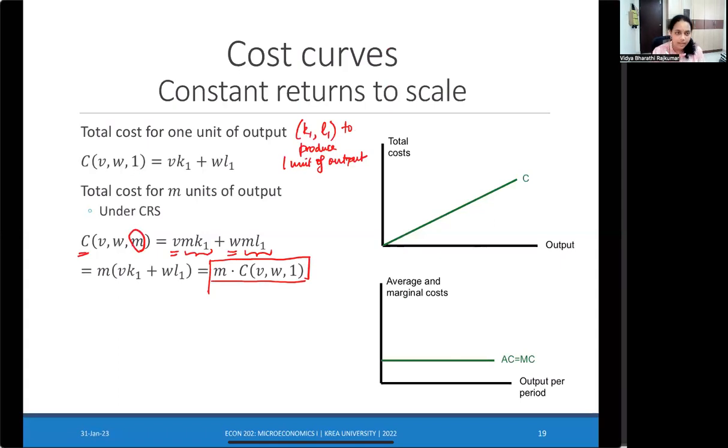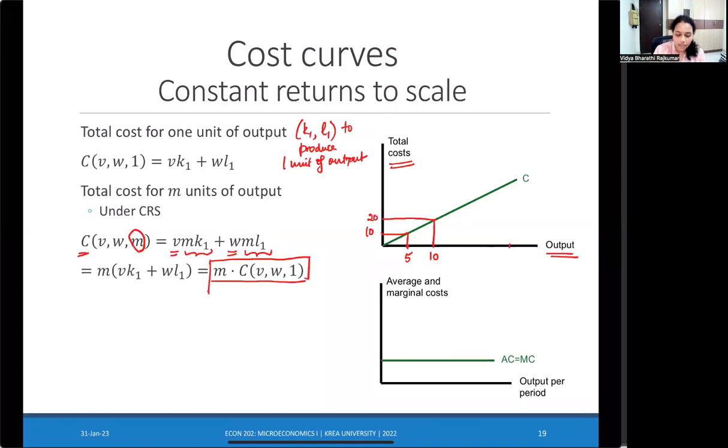So once we've written down the total cost function this way, look at the graph on the side. The top panel just shows you the total cost function. So as your output increases, the total cost increases in the same proportion as the output. So for example, suppose for 5 units of output initially, it costs say 10 units of something, if I were to double my output to 10, my costs would now double by the same factor.